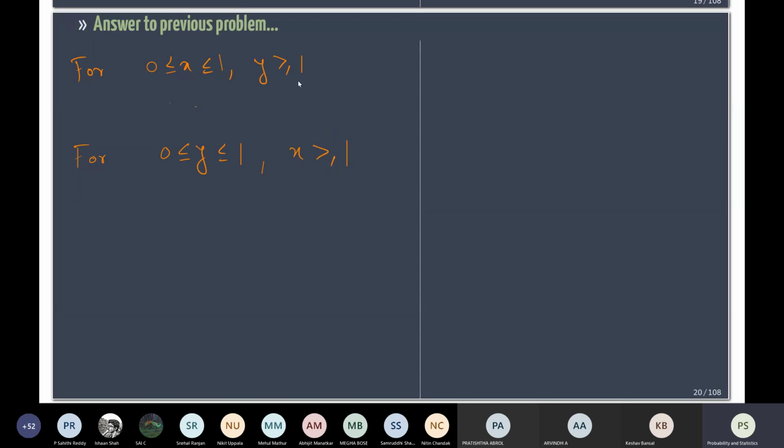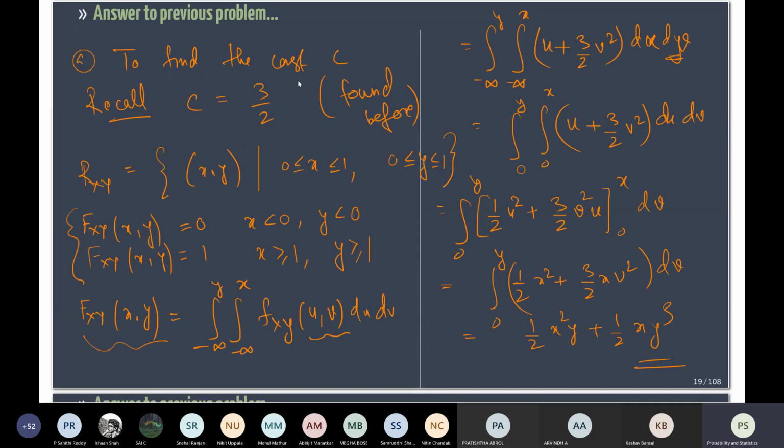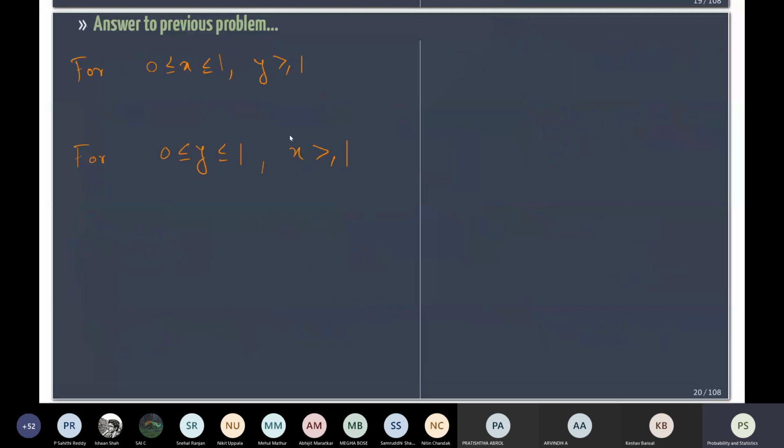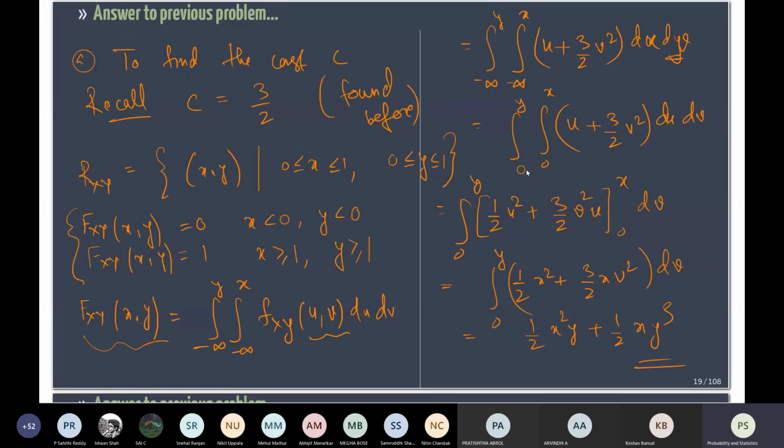Okay, so when we say greater than or equal to 1, the limit that we are supposed to use, the lower bound is 1, right? So if you are substituting in the integration, the lower bound will be 1. It's like 1 to x.